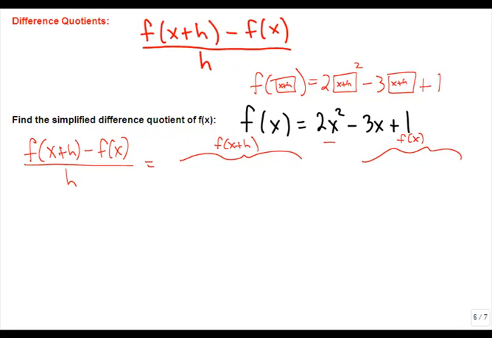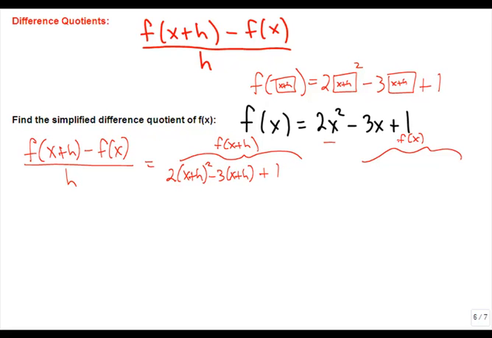So you need to put in an x plus h and square that whole quantity next to the 2 and x plus h next to that 3. So this is what it would look like. f of x plus h becomes 2 times this input squared minus 3 times this input plus 1.